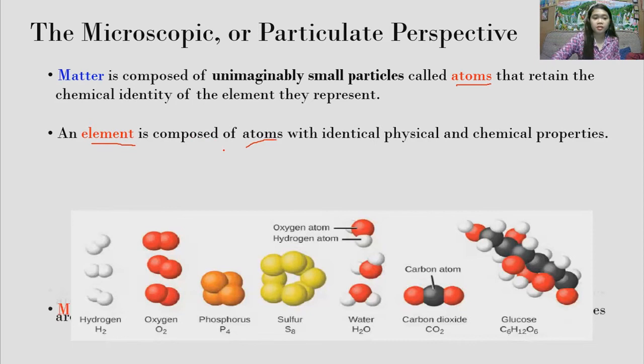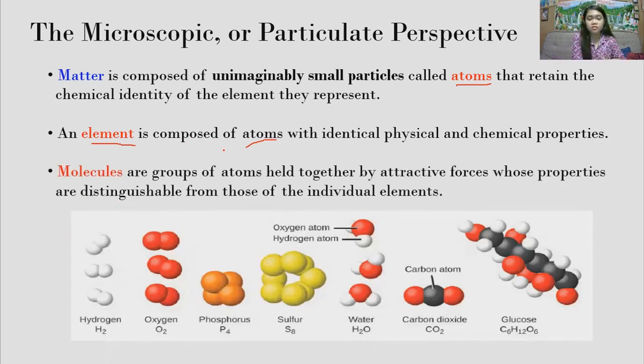Another one is molecules. Molecules are groups of atoms held together by attractive forces whose properties are distinguishable from those of the individual elements. So these molecules are not free elements. They are groups of atoms bonded together.